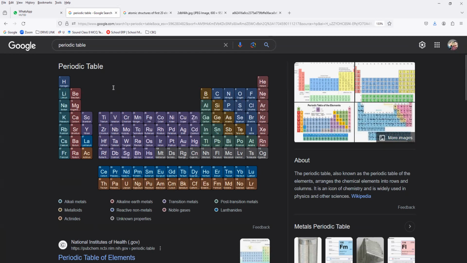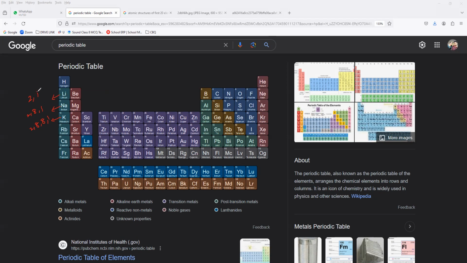Sir, how can you identify? Based upon the electronic configuration, you can locate the element. Lithium, atomic number 3, is 2, 1. Sodium is 2, 8, 1. Potassium is 2, 8, 8, 1. Rubidium also.